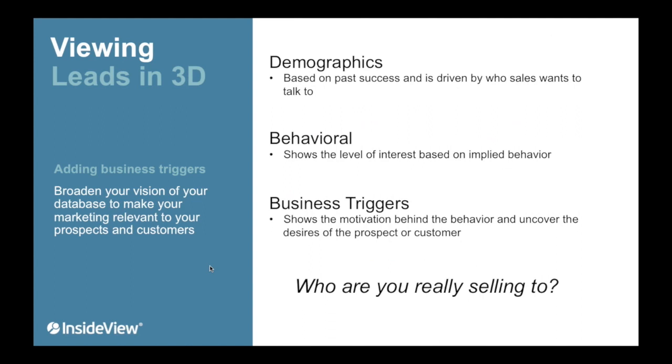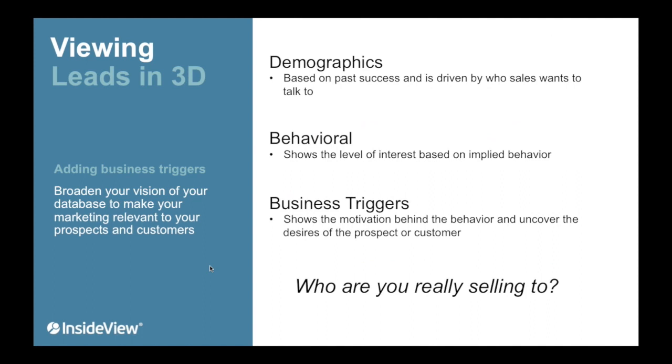So it's a really important example, I think, of what happens a lot within most marketing orgs, where an over-reliance on demographics, which tend to be a little bit less accurate than most people think, and behavioral information doesn't paint that complete picture.